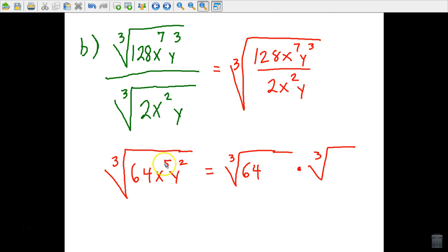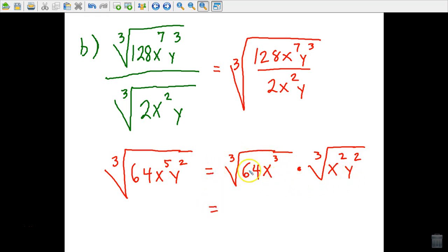X to the fifth is not a perfect cube variable, but it has a perfect cube variable in it, x to the third, and I can multiply that times x squared to make it equal x to the fifth. Unfortunately, I can't do anything with y squared. 3 doesn't divide into 2. There's no way to break y squared up into anything that I can divide 3 into.